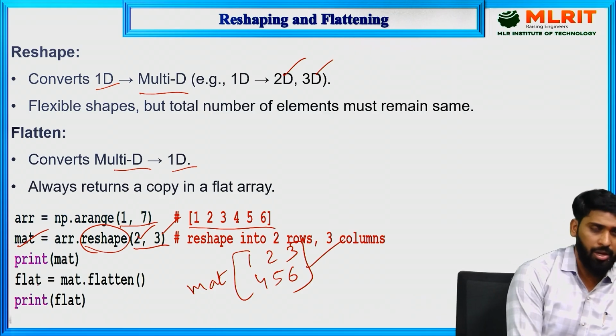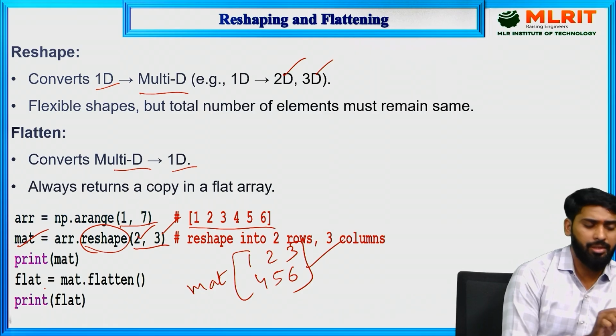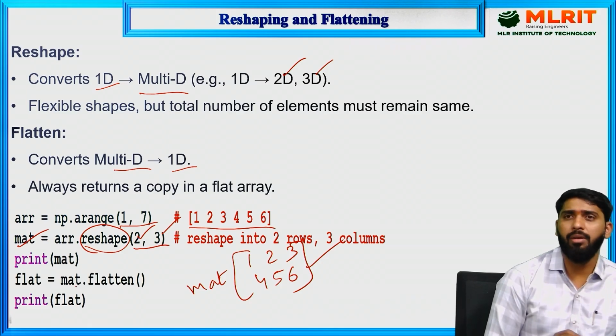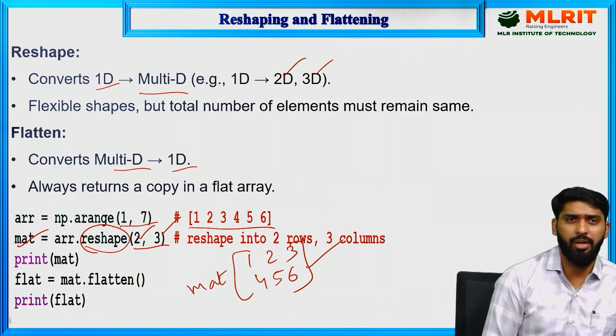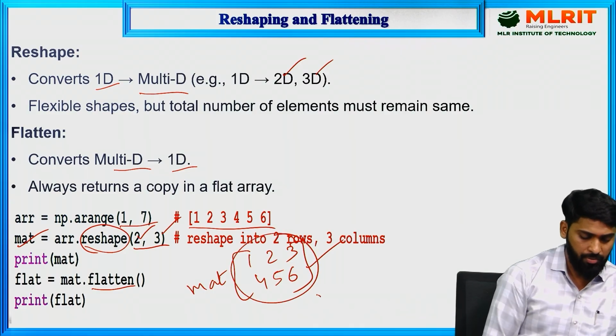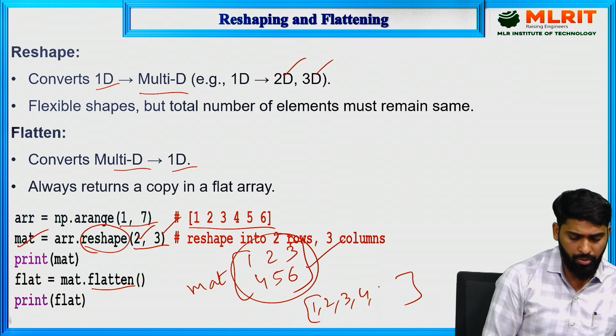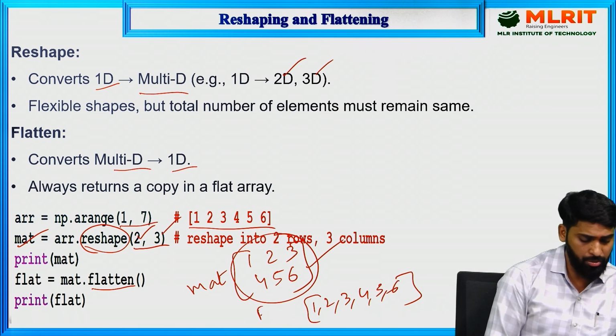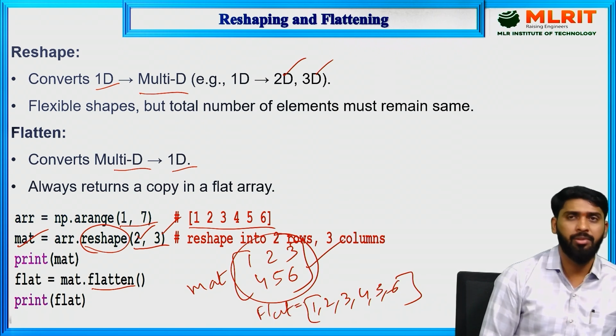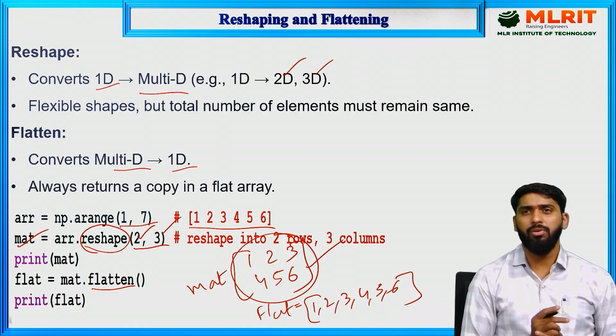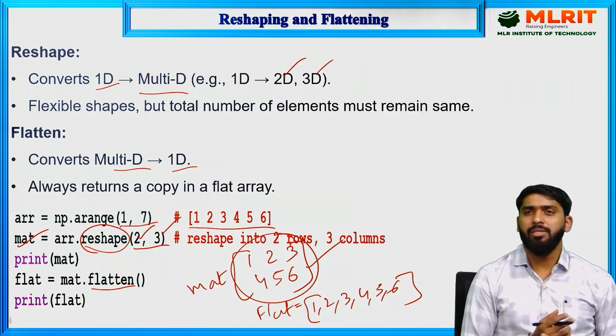Now I want to flatten this mat, this multi-dimensional array. How? By using the flatten function. Now this 2D array will change into a one-dimensional array 1 2 3 4 5 6 and be assigned to a variable flat. Okay, so this is how we are going to reshape arrays in NumPy.